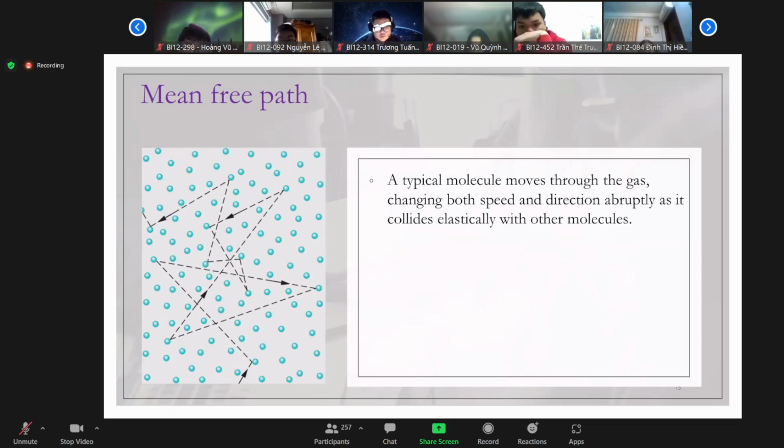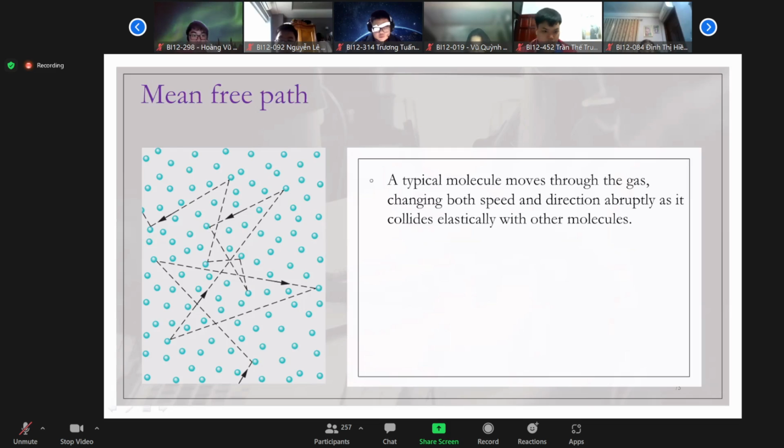If we consider a molecule, this molecule will move through the gas, and it will change both speed and direction when it collides with other molecules. For example, this one will travel until here, and it will collide with this one.